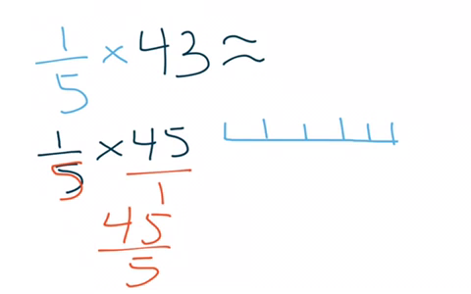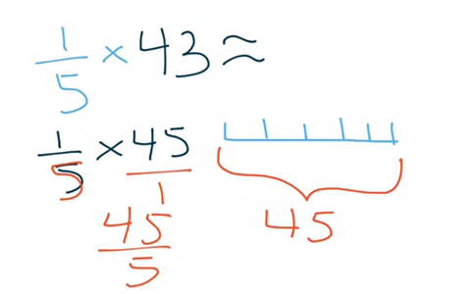Oh, perfect. 1, 2, 3, 4, 5. Okay, so you see how I have 5 slots here? Okay, and we're dividing it. So we have 45 here, and we're dividing by 5, so it's going to be 9 in each slot, because 45 divided by 5 is 9.